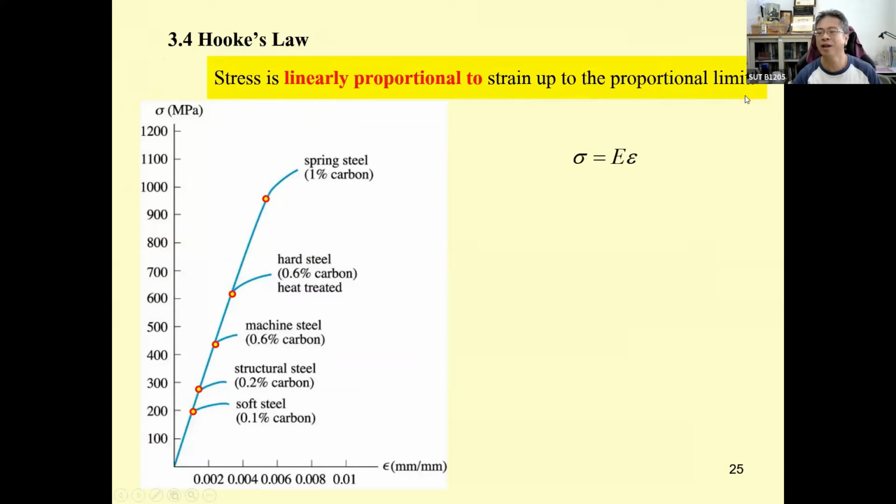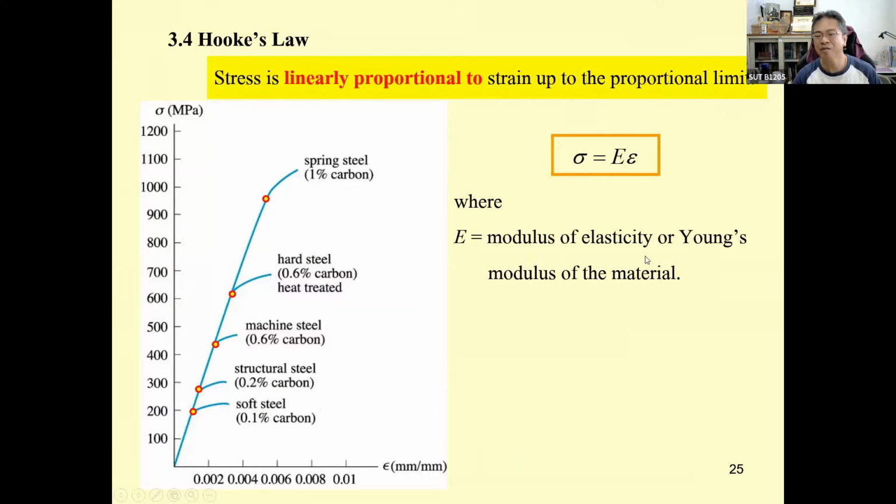This equation is Hooke's law: the stress equals the modulus of elasticity times the strain. The modulus of elasticity, sometimes we call it Young's modulus, in honor of Professor Young, who was also the first one testing the material to determine the E. Professor Hooke related the stress and the strain by the E, and that means it's going to be the slope.